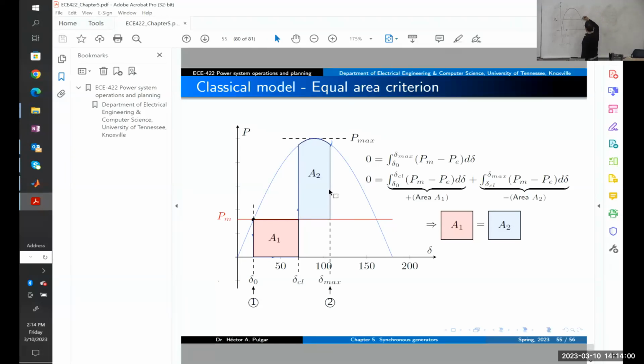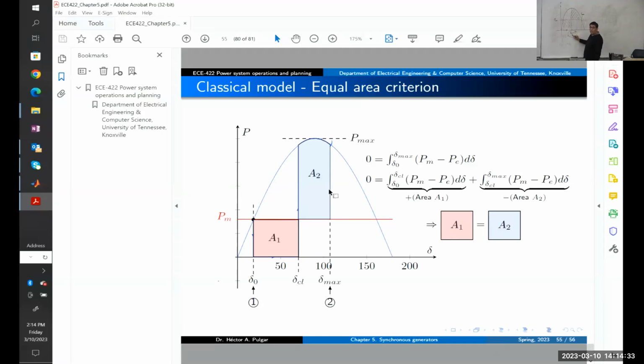So if we force that as a critical situation, the maximum angle coinciding with the point of the saddle node, then we can determine here, and I'm going to draw any clearing angle here, how much that clearing angle should be to lead critically to an angle delta max that is a tiny bit before the saddle node.